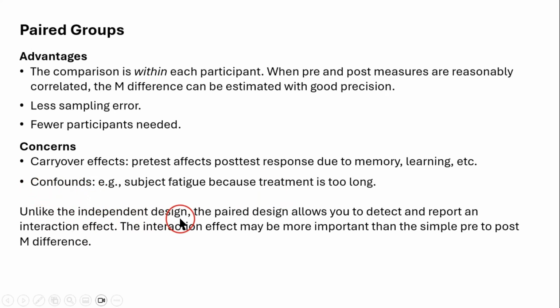Now, unlike the independent design, like I mentioned, the paired design does allow you to detect and report an interaction effect. And that's also an advantage for the paired design. What I mean by that is a consistent situation where certain subjects are responding in one way and other subjects are responding in a different way, that shows up as a pattern that you can detect.